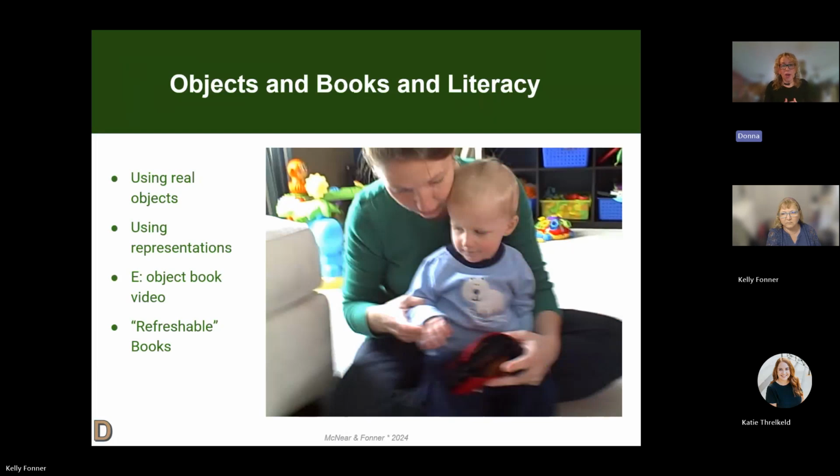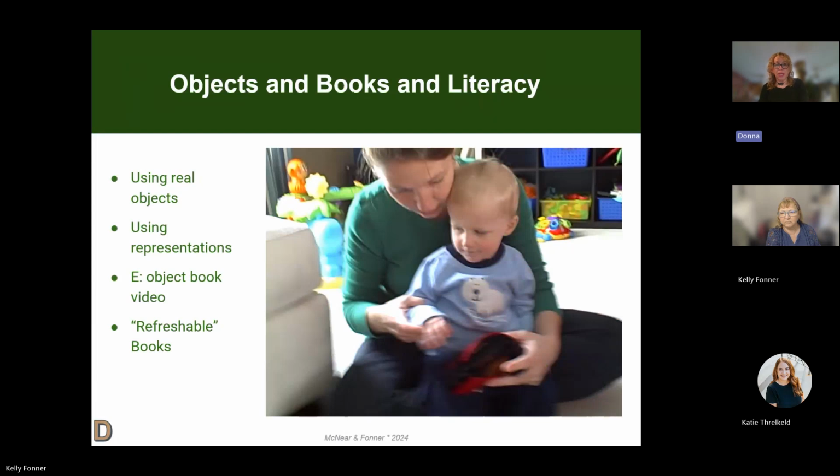And so this is a video of a young boy with his mom in his home, and he's visually impaired. He's a tactile learner. And this book that we're going to look at is what I call a refreshable book. So it's a Velcro book where we have themed objects that we use in the book, so that it's refreshable, because then we use the Velcro to change out the book.